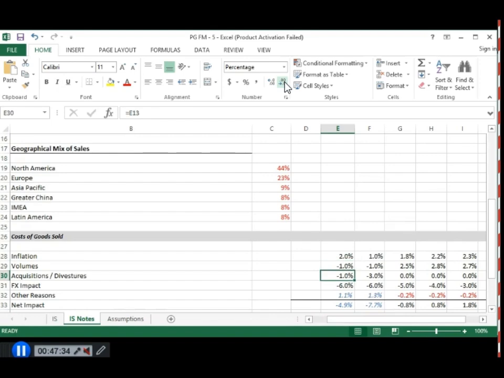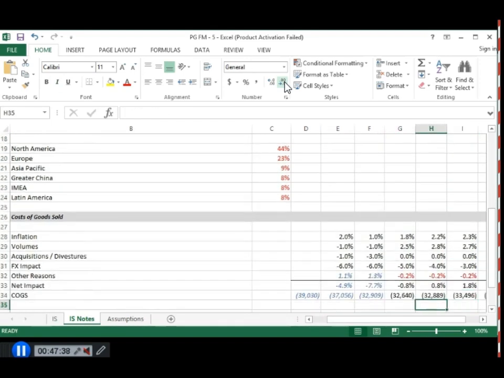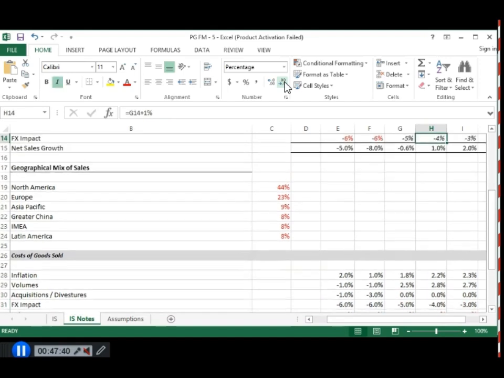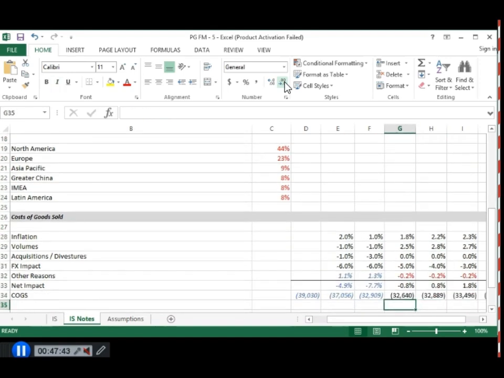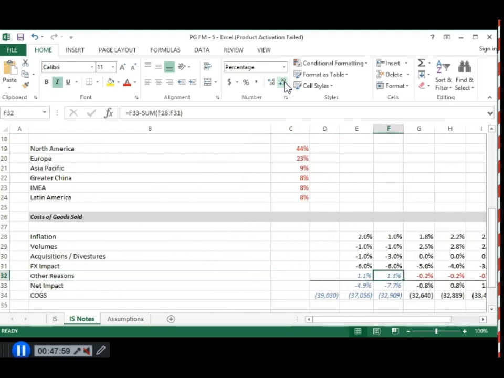Volume just coming in from there, acquisition coming in from here, FX coming in from here, and then after all of this you need to see what is the other impact. So if I look at 15 and 16, I see the company driving up an additional gross margin or driving some efficiencies or maybe driving some additional return.